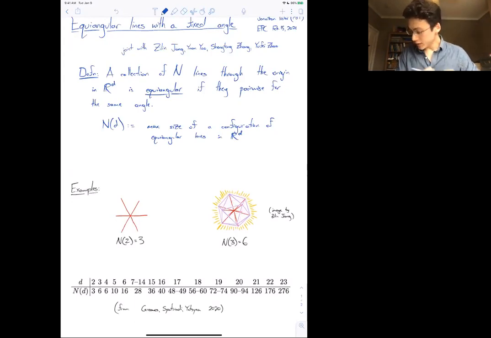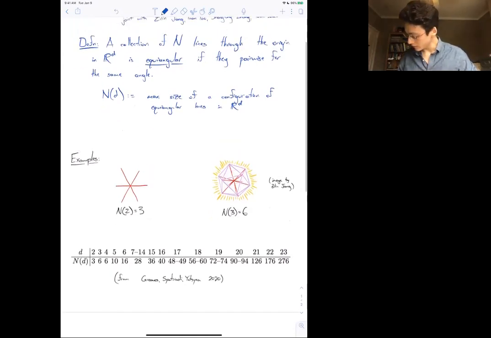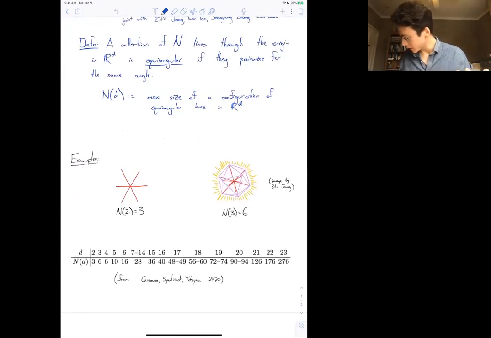So now determining n of d for larger values of d is quite an interesting problem and has been studied for a long time. I've taken this table from a paper just last year by Greaves et al. And it shows the current state-of-the-art bounds.